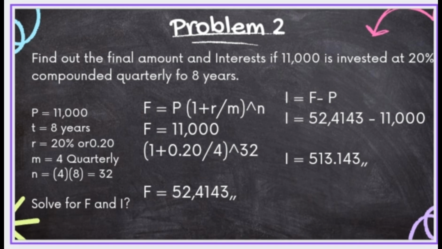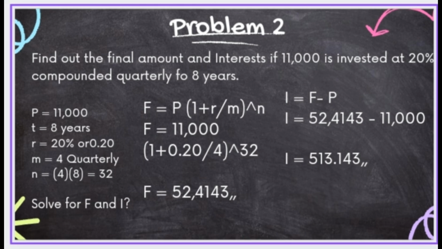Find out the final amount and interest if 11,000 is invested at 20% compounded quarterly for 8 years. So our P is 11,000, which is the present value. Our time term is 8 years. Our interest rate is 20% or 0.20.